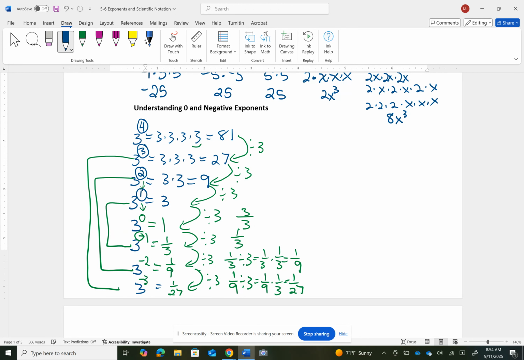All right, so note that if you have a negative exponent, it doesn't give you a negative number for an answer.